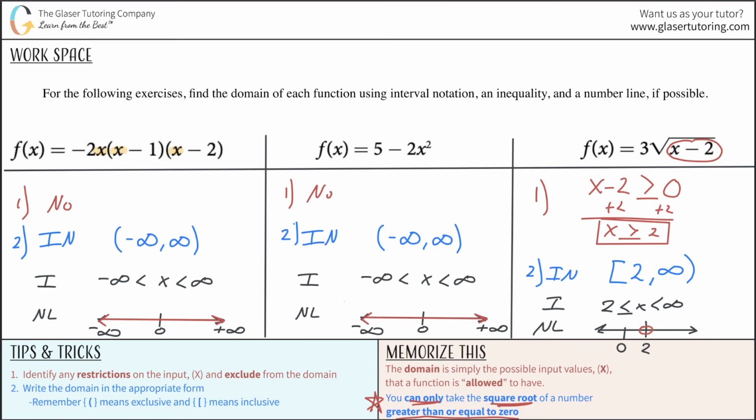Well, that'll depend upon if it includes 2 or not. If it includes 2, you fill in the circle. If it excludes 2, you don't fill in the circle. For this problem, remember, it could be greater than or equal to 2, and therefore it includes 2. So you fill that in, and then shade the region to the upper limit of the function. And remember, I should place out here positive infinity.